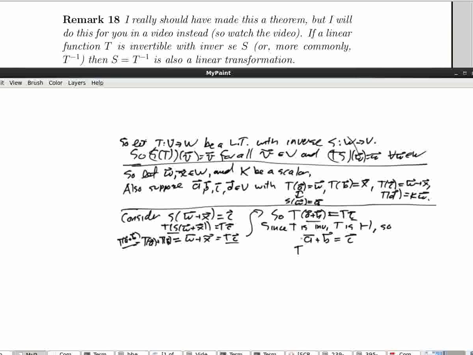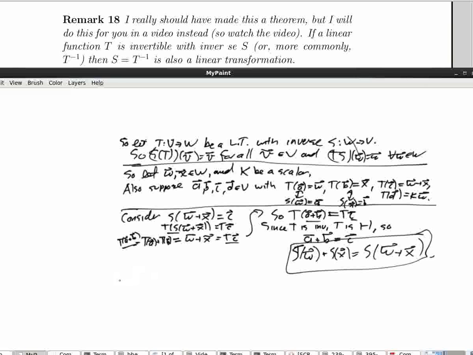Let me get my thoughts here. Oh, so yeah, now I can just apply the definitions. What is A? A is equal to S of W by this relationship right here. And similarly, this means that S of X is equal to B. So I can replace this with S of X. And C means that S of W plus X works like so. So this is the first equation of linearity.